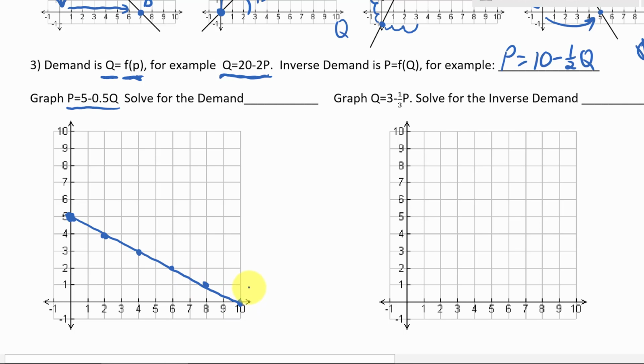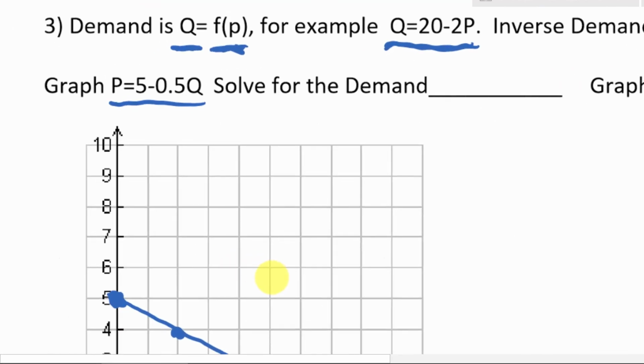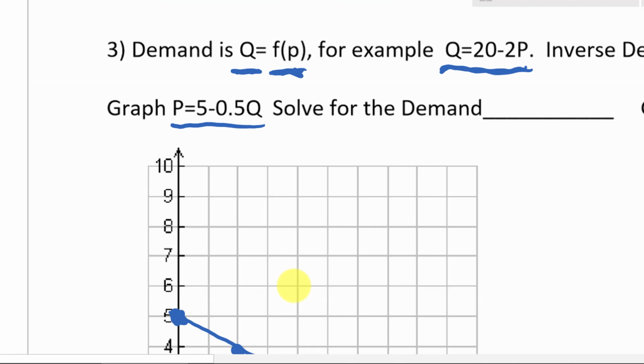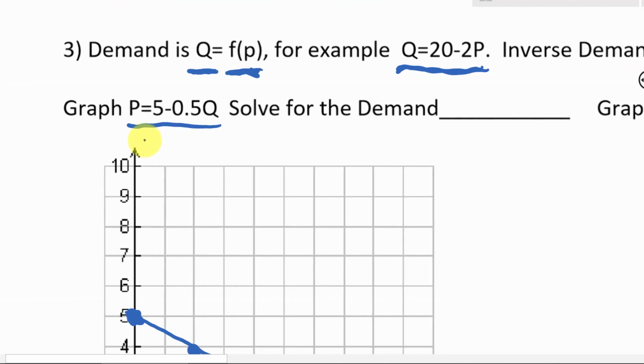Let's solve this for what we'd call the demand function, the q equals version. So what I would do here is add 0.5q to both sides. Again, you can do these in any order. Do whatever you're comfortable with. We would have p plus 0.5q equals 5.